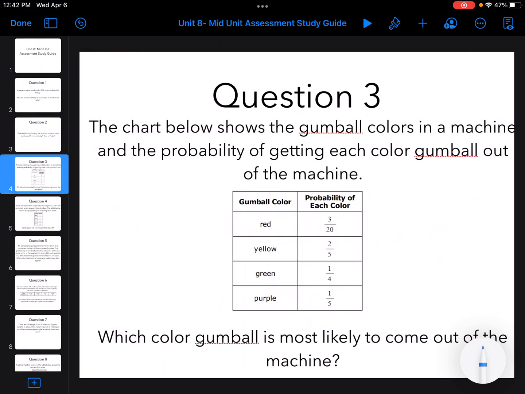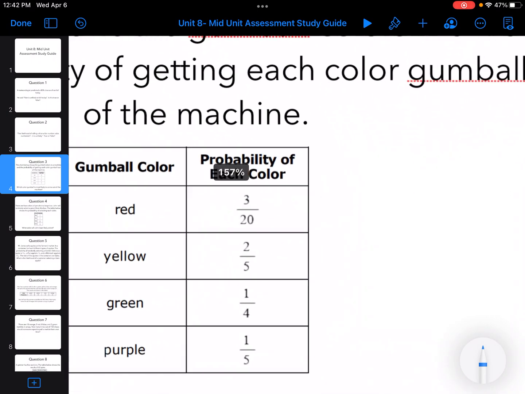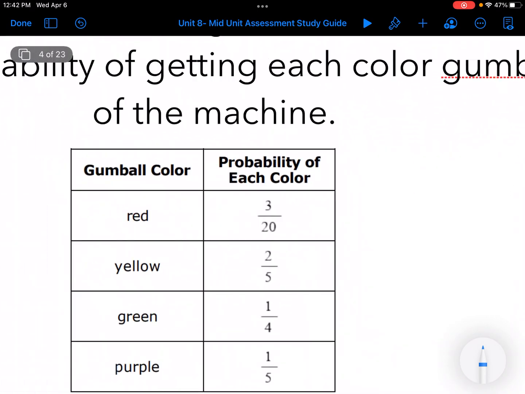All right, the chart below shows the gumball colors in a gumball machine. The probability of getting each color gumball out of the machine is below. Which color gumball is most likely to come out of the machine? So I'm going to convert all of these to 20ths so that I have a common denominator. So I know that if I multiply by 4 in the numerator and the denominator, I'm going to get 20ths because 5 times 4 is 20, so that's 8 over 20.